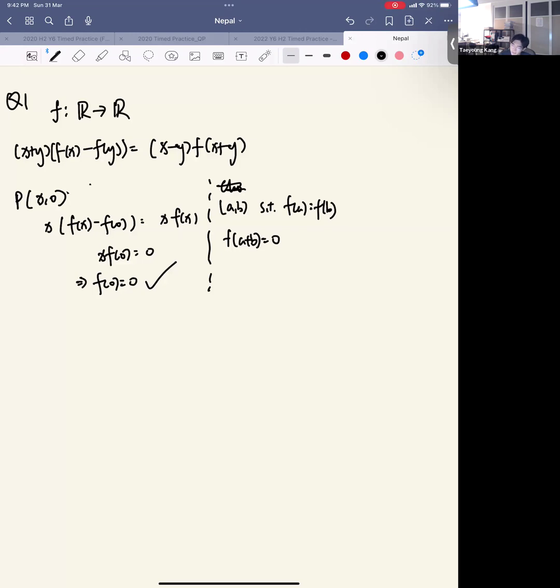I don't think it's very helpful, so maybe not this idea. Someone suggested x, y minus x. But what's wrong with f(a plus b) being equal to 0?